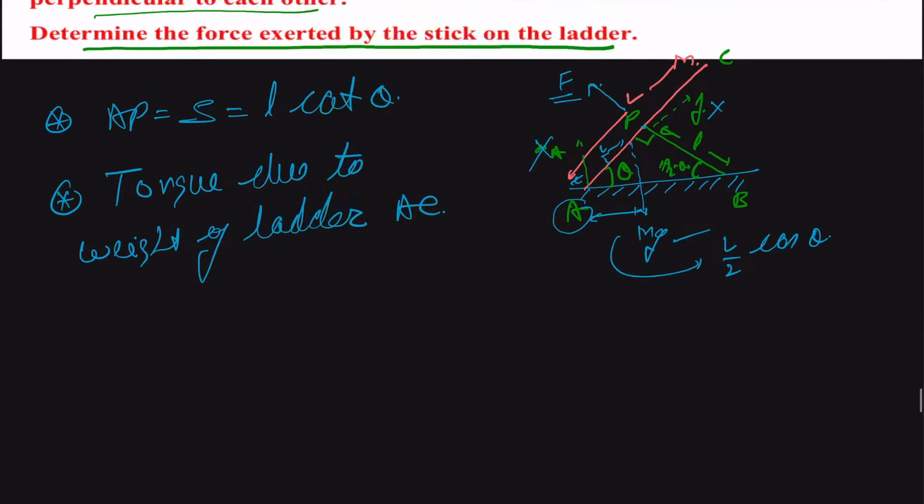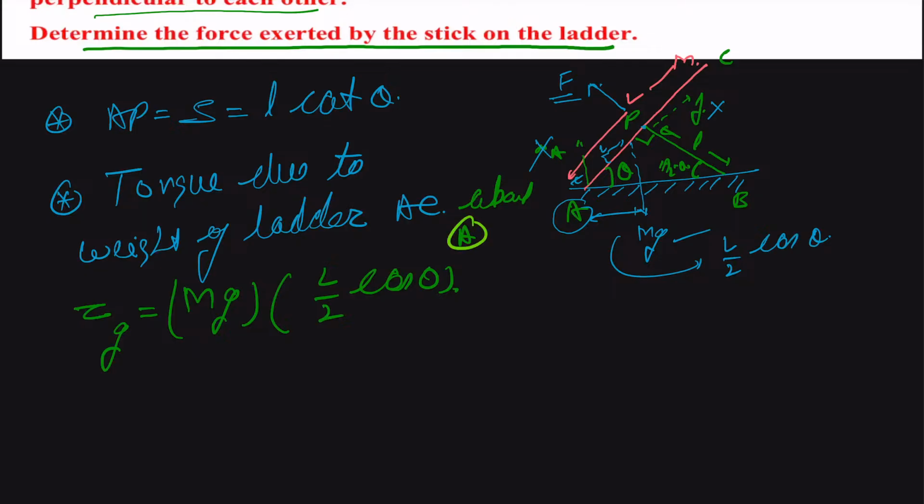We can write this as the torque because of the ladder, so we can say G, and we have its mg, and the lever arm is L by 2 cos of theta. Okay, torque due to ladder AC about A, about this point.